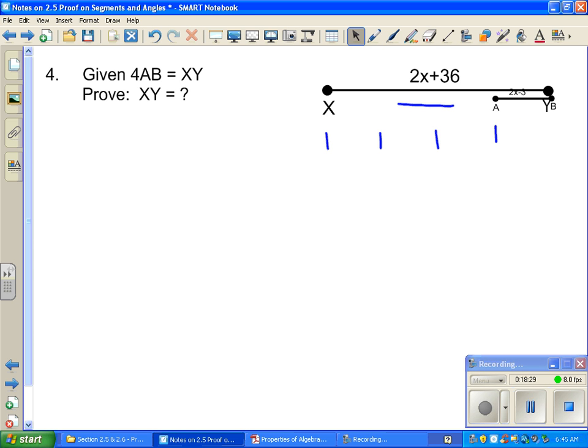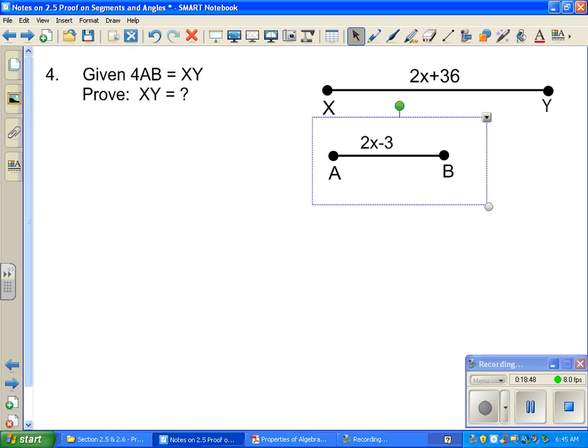Now, as you can see, I could get 4 of them across there. And that's what it means, that it takes 4 of that smaller one to make the bigger one. But in order to make it to where you can see it, I had to make it enlarged so you could read it. Because if I'd have made it that small, you might not could read the 2x minus 3. So I'm just going to pull that back out so we can see it better. So our picture's not drawn to scale that way is what I'm trying to get to.